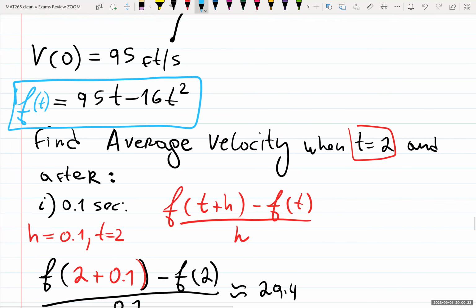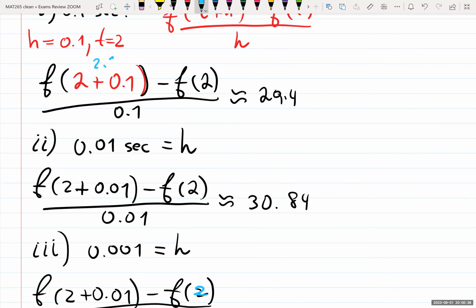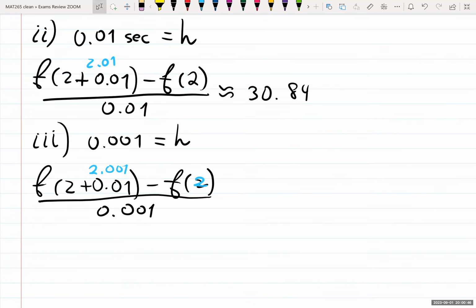I keep plugging in 2.1, 2.01, and 2.001 into the function to calculate the number. The next number ended up being 30.984.